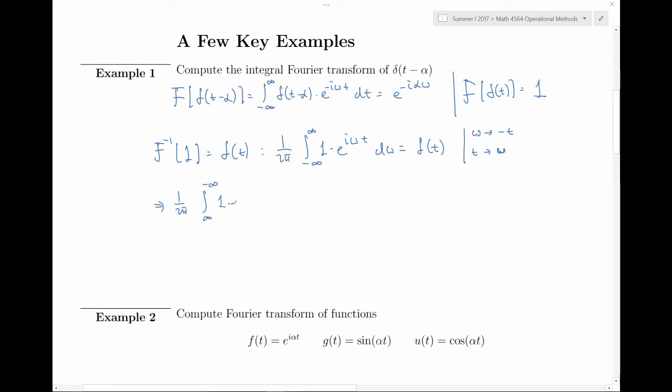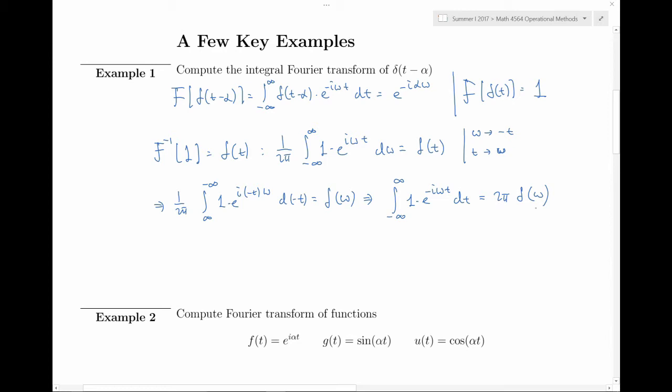I get 1 times e to the i times minus t. t is replaced with omega, and this must be the delta function of omega. Changing things around, I get that the integral from minus infinity to infinity of 1 times e to the minus i omega t dt will be 2 pi delta of omega.